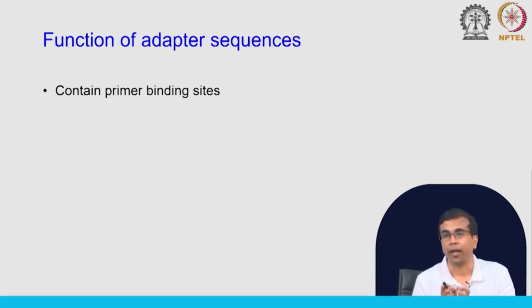For amplification, you need a primer binding site, and you need polymerase, which will start extension from this primer sequence. So, to generate this primer binding site, we add these adapter sequences. They contain sequences which can be used as primer binding sites.